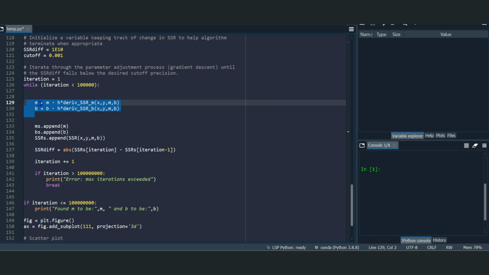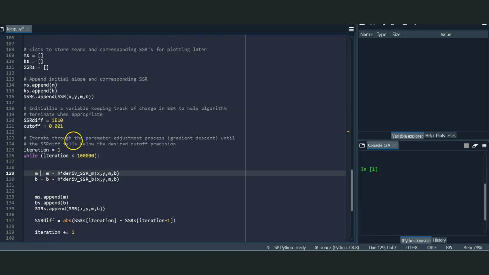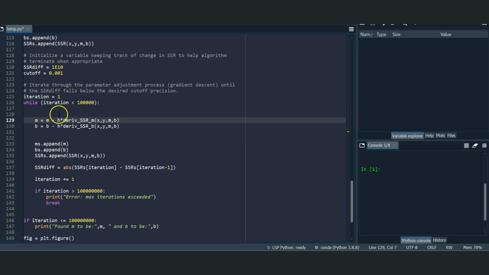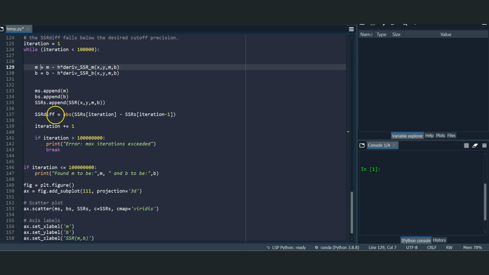The m and b are actually part of a vector, but I'm just doing it in scalar form, so I don't have to keep extracting and zipping up the ordered pairs into vectors and indexing and all that stuff. So here I'm just taking m minus the learning rate times the derivative of SSR with respect to m, and b minus the learning rate times the derivative of SSR with respect to b. Then we just append those values.